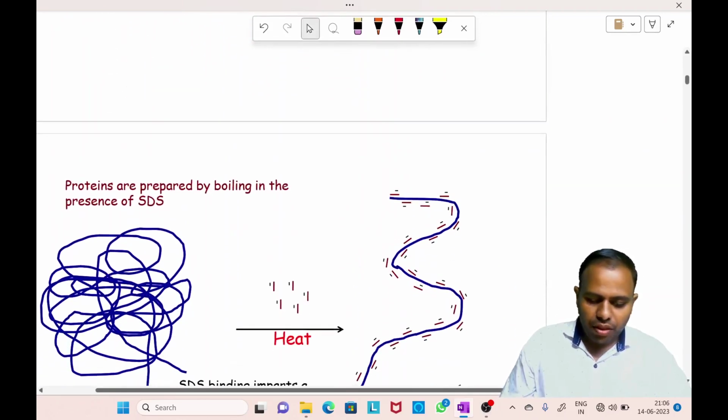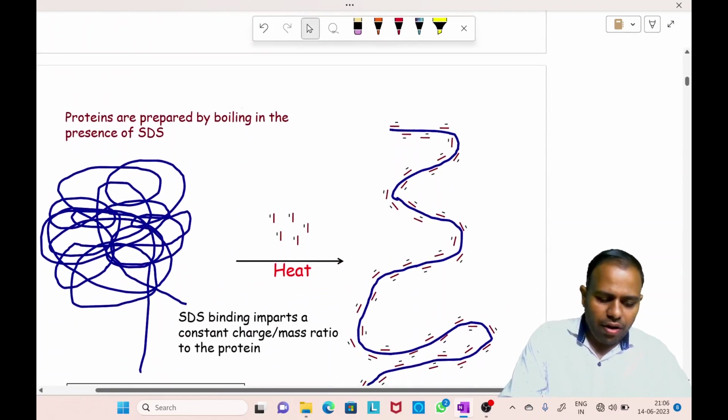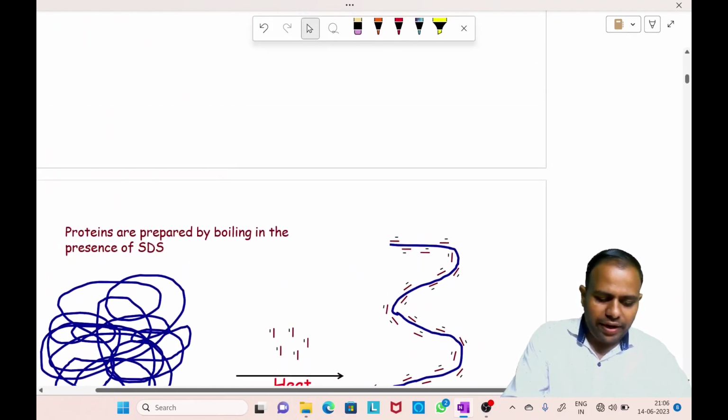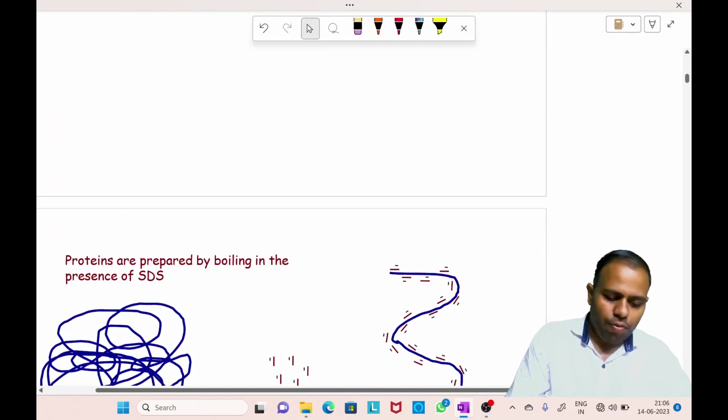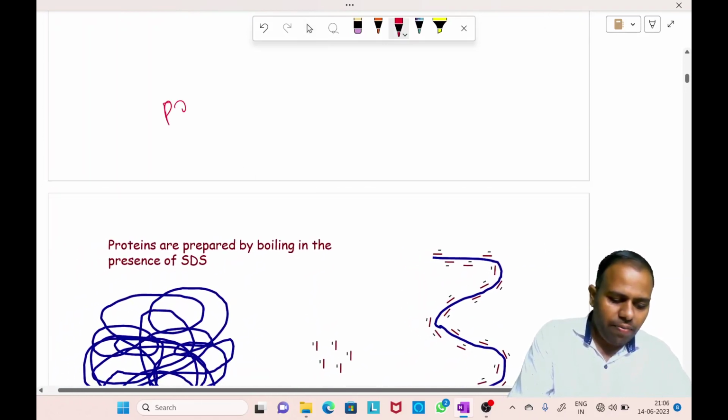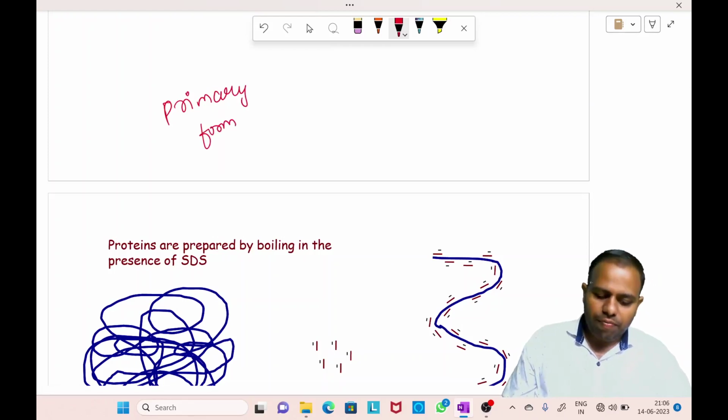First of all, remember the proteins that are separated on the SDS-PAGE gel should be in the primary form. Why is it necessary to be in primary form?